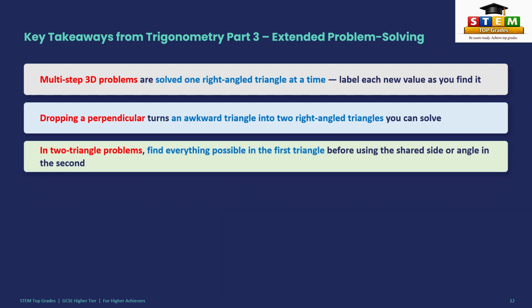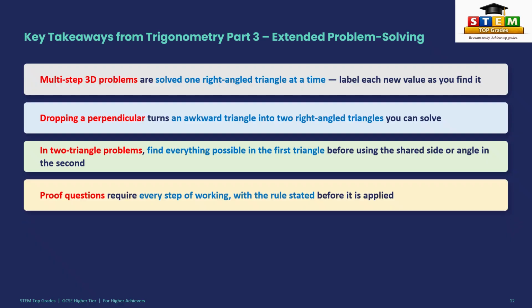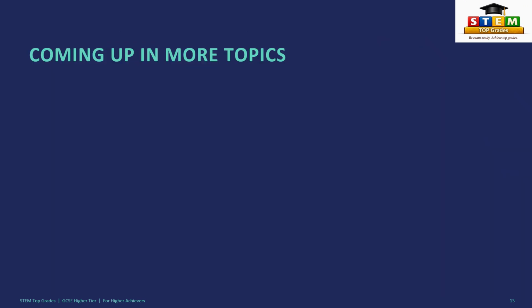In two triangle problems, find everything possible in the first triangle before using the shared side or angle in the second. Proof questions require every step of working with the rules stated before it is applied.